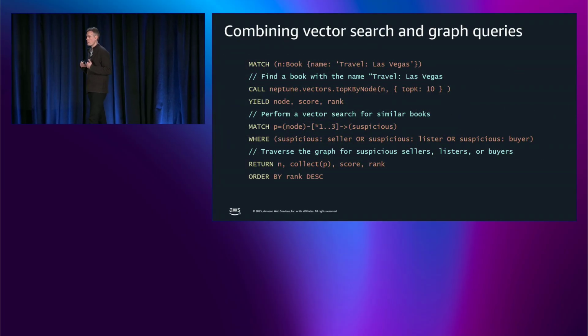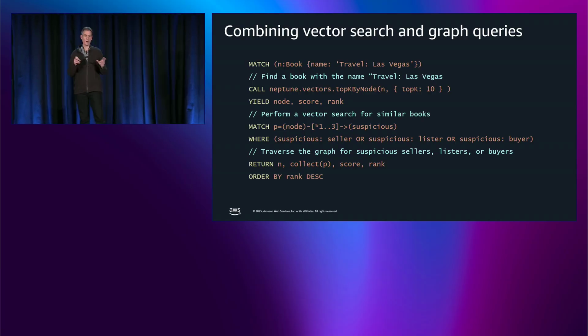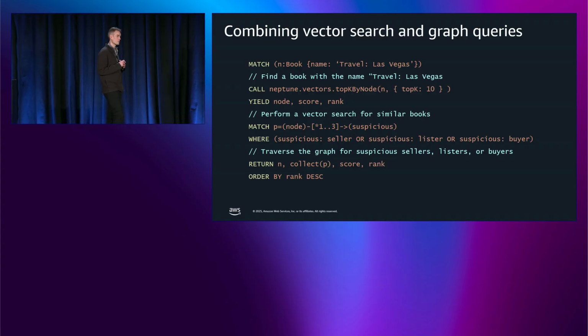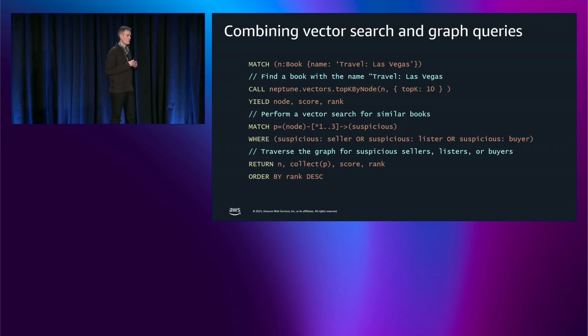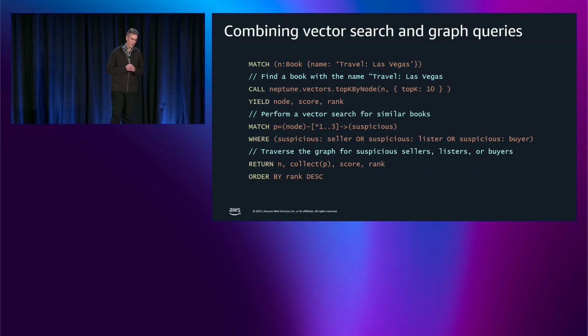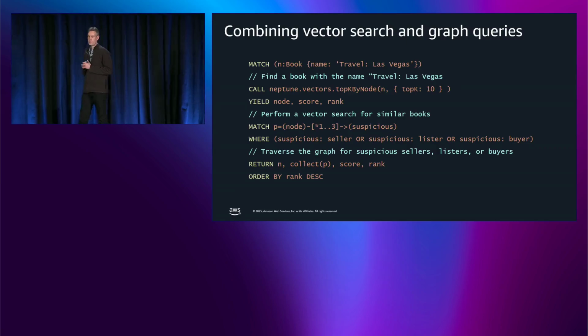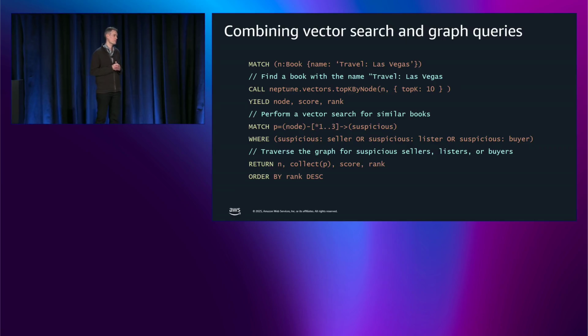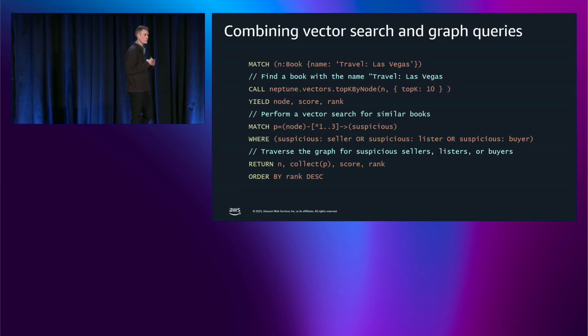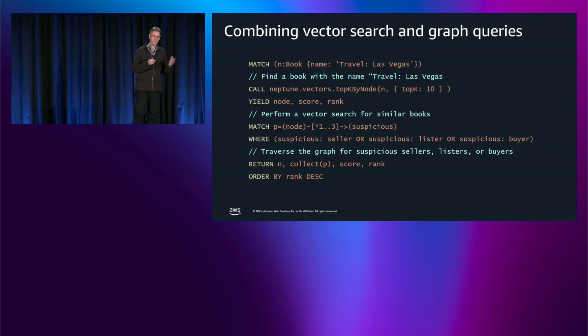Now, another way that you can combine vectors and graph traversals is not necessarily starting with a vector search. This is an example that's a little bit abbreviated, but it's taken from one of the fraud teams at Amazon.com. And as you can imagine, on a site like Amazon.com, it's quite a challenge to keep up with various different kinds of bad actor type behaviors.